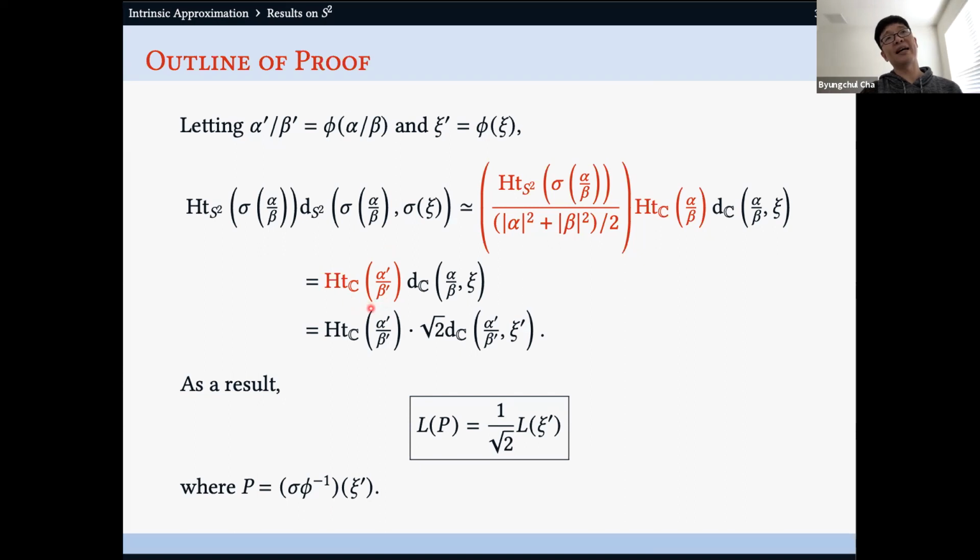So you write that down instead, and of course the map phi changes the distance by a factor of 2 very obviously. After you finish everything, you have an extra factor of root 2 up there, which becomes 1 over root 2, because the Lagrange number is the reciprocal of height times distance. So that's how we're able to prove that the two Lagrange numbers are exactly the same.